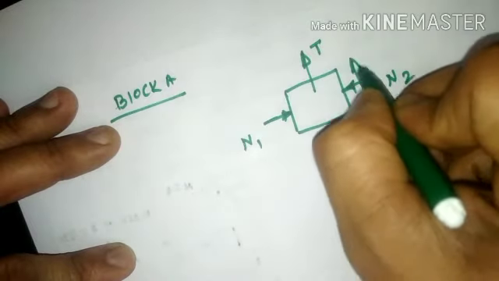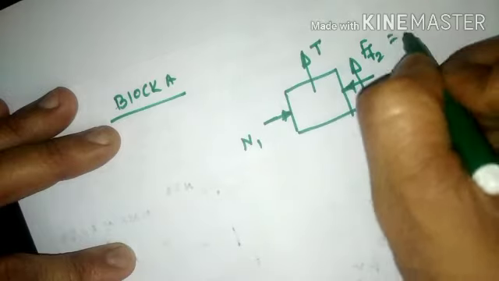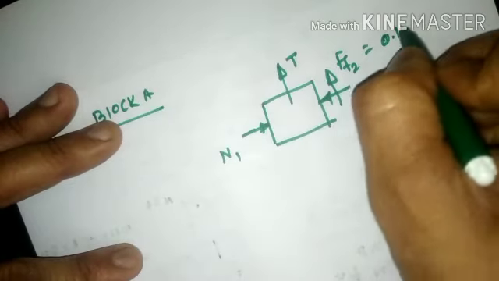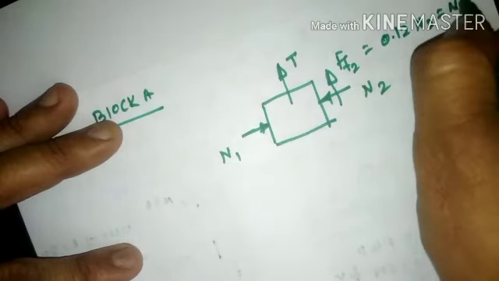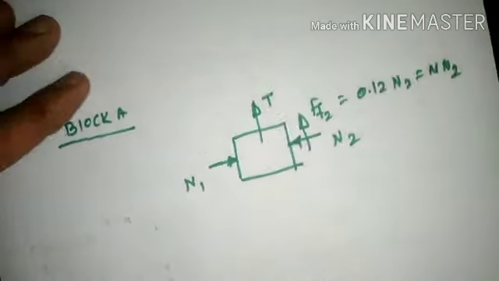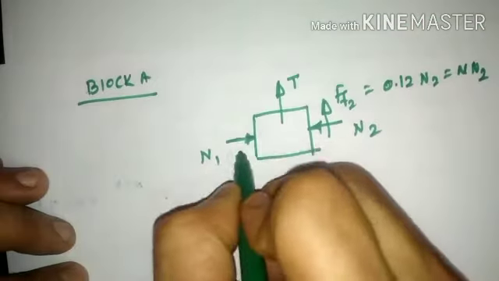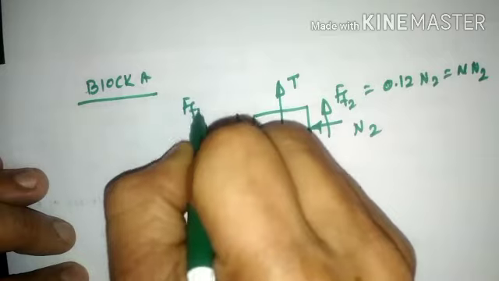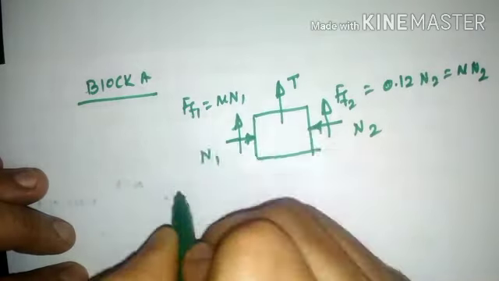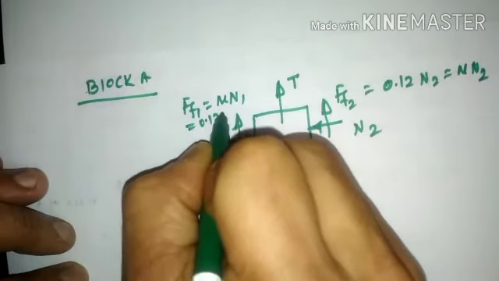Frictional force here was shown upward, F of F2, which was 0.12 times N2, which is mu times N2. Likewise, the frictional force here shall be F of F1 is equal to mu times N1, which is 0.12 times N1. 0.12 is the coefficient of friction, which has been given.